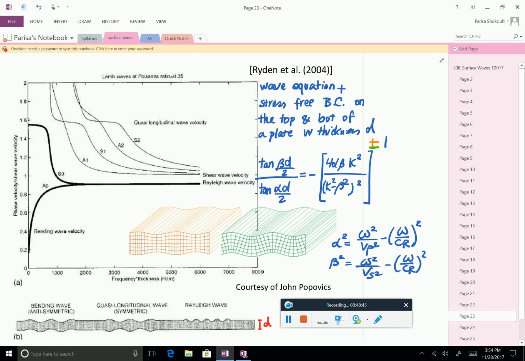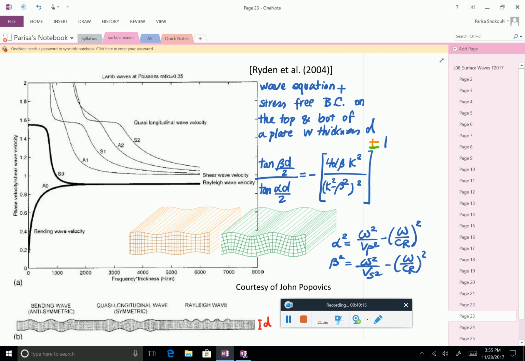These are actually two equations. One has a plus, the other one has a minus 1 on the top. And the colors correspond to these two shapes that I have drawn for you. The plus one corresponds to the so-called symmetric plate waves, or Lamb waves.